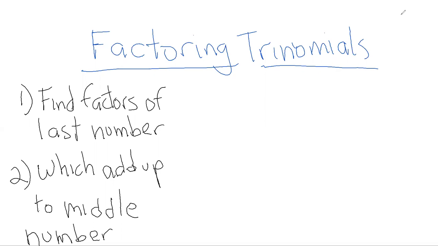We know that a trinomial is something that has three terms or three numbers, such as x squared plus 5x plus 6. This trinomial should be familiar to you now, as this is the third video we are using it in.